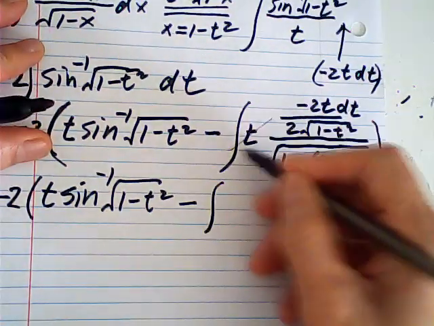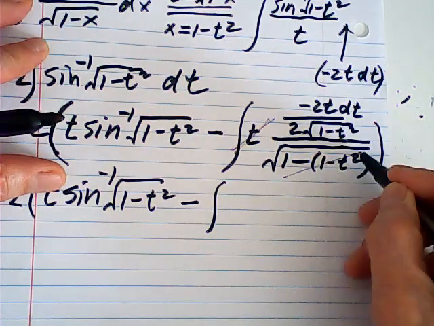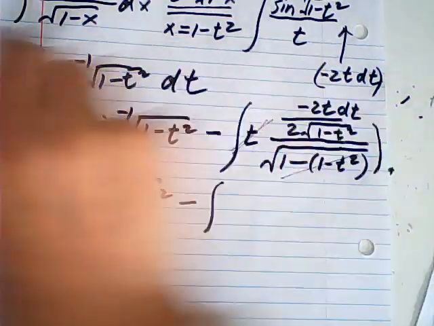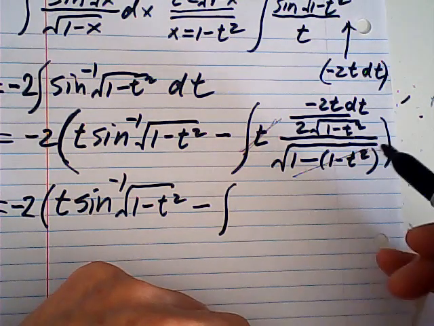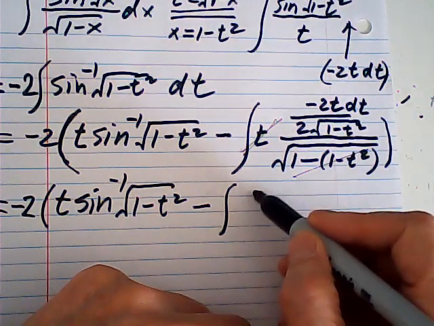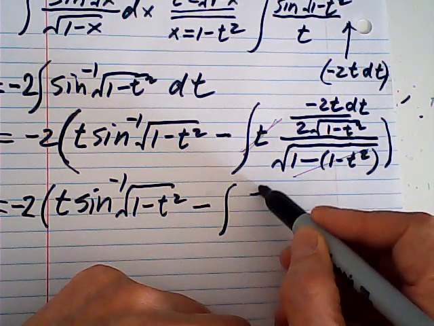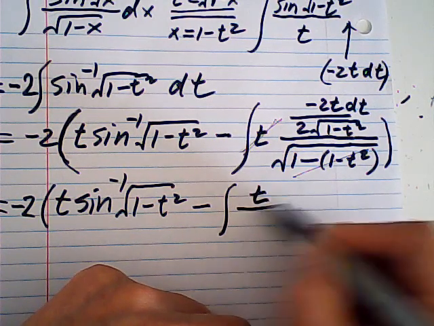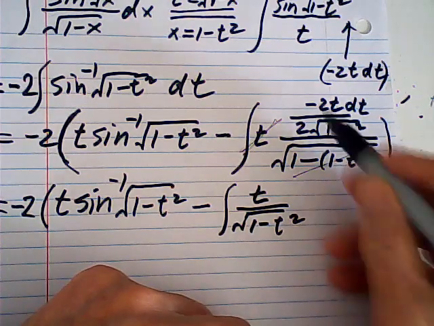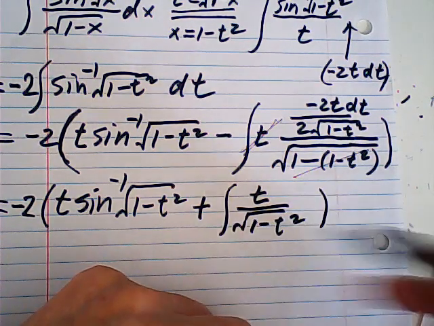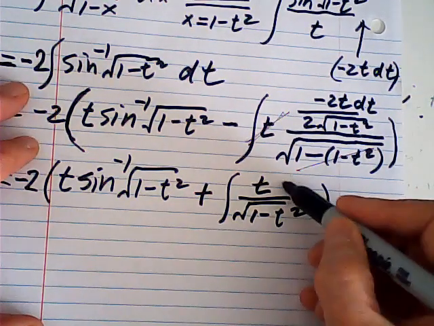So this t cancels with that t, right? This is a t. So remaining is 2 to cancel out. Remaining is t over square root of 1 minus t squared. Negative will become plus, dt.